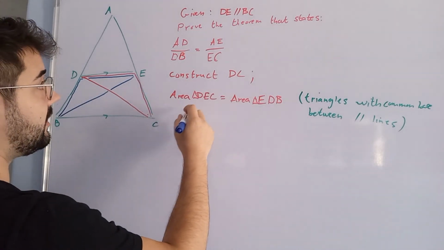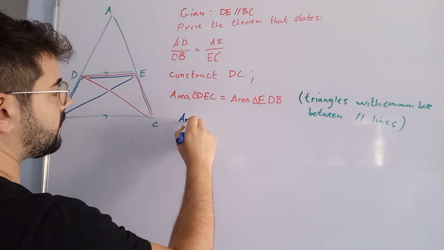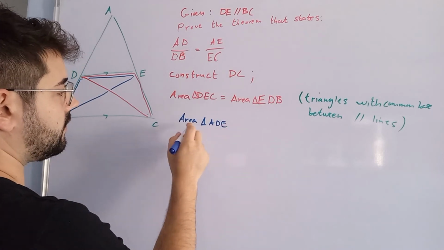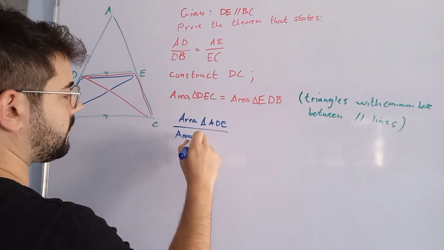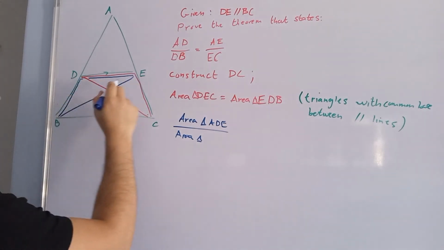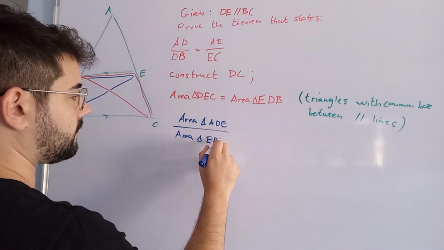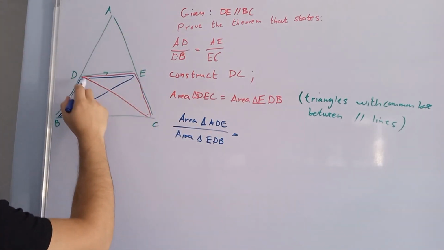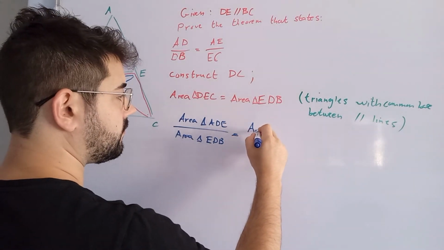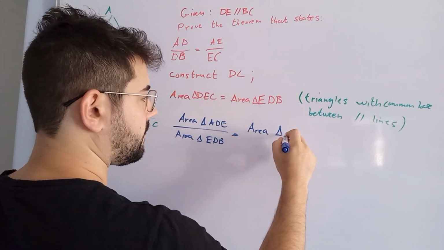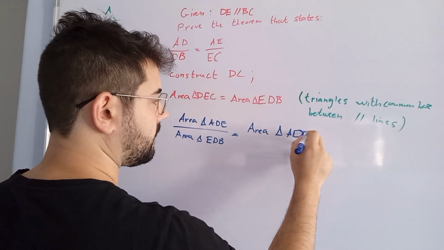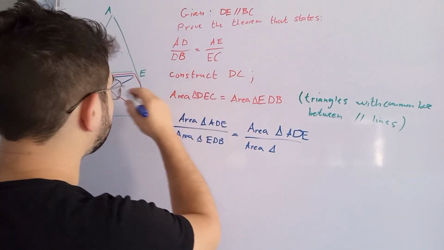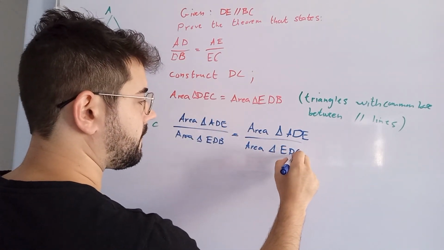So we can say the area of triangle ADE over the area of triangle EDB is equal to the area of ADE over the area of EDC.